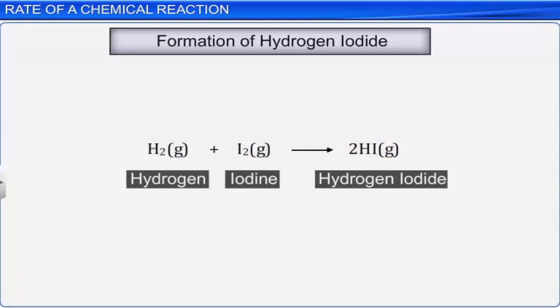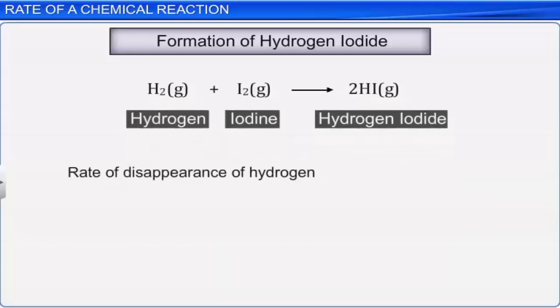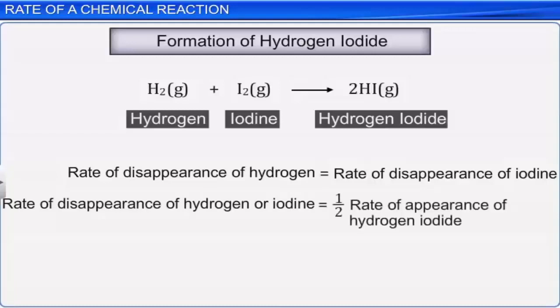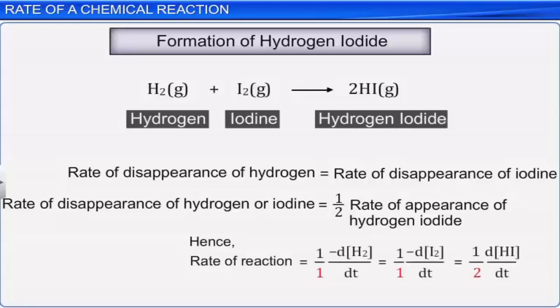In this case, 1 mole of hydrogen and 1 mole of iodine react to give 2 moles of hydrogen iodide. That is, the rate of disappearance of hydrogen is equal to the rate of disappearance of iodine, and the rate of disappearance of hydrogen or iodine is equal to half of the rate of appearance of hydrogen iodide. Hence, the rate for this reaction can be written as shown.